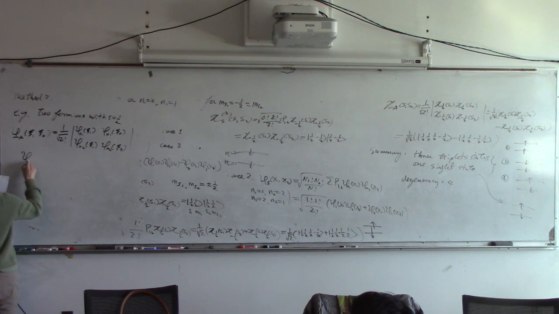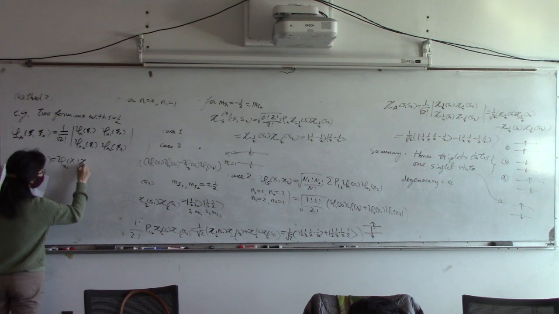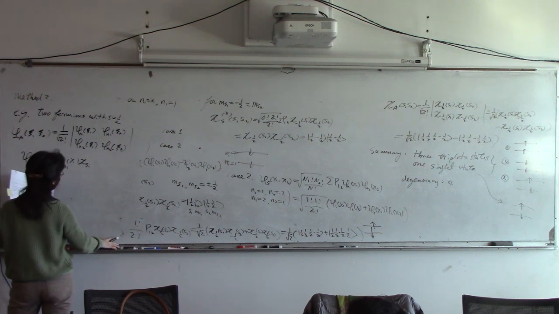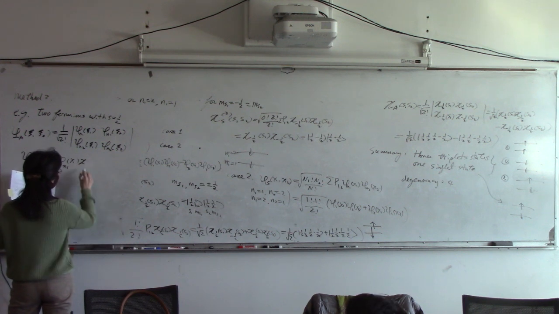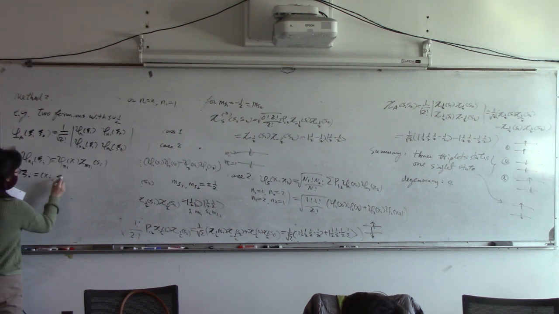Here, any psi i is a spatial function, in this case let me consider x, multiplied by spin chi. So psi i includes the spatial index and spin.